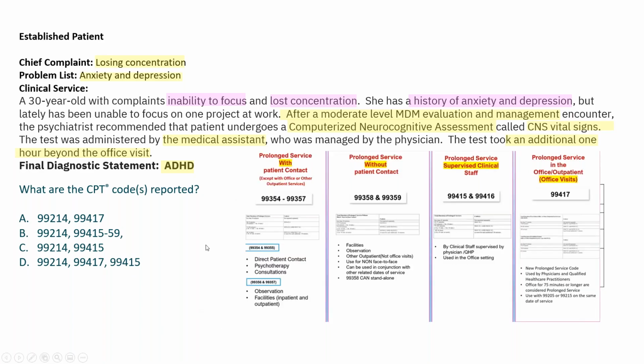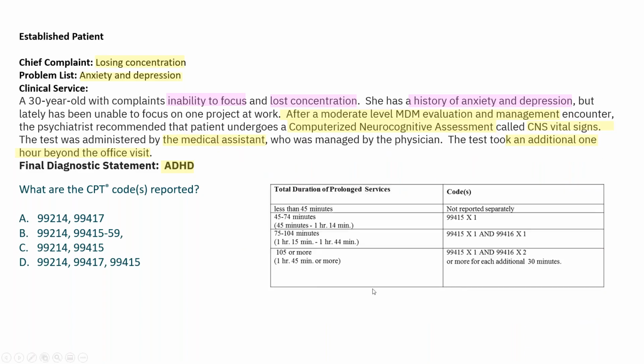But if we look at our options of the four, it would seem like 99415 and 99416 would be the correct, because we have to code for the prolonged service of the clinical staff. Remember, the medical assistant administered this exam, right? So we need to go to the clinical team chart.